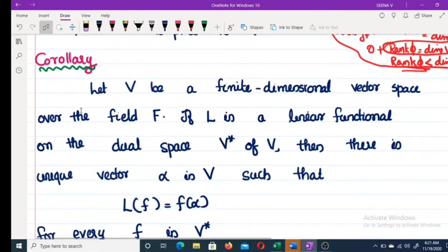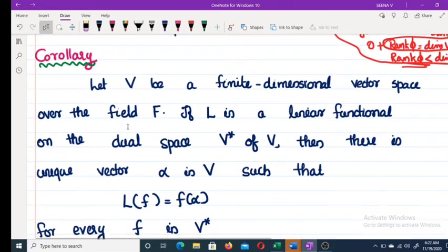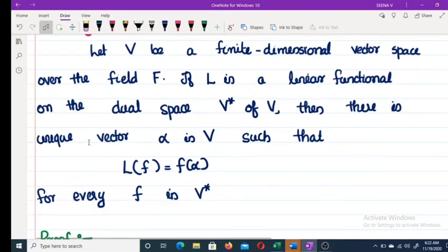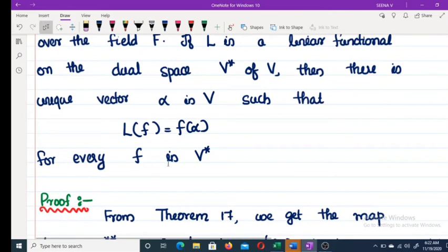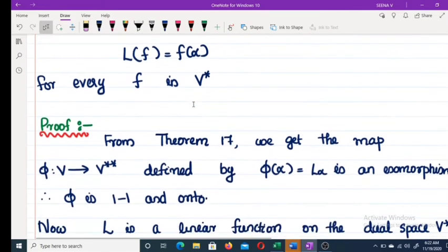Now moving to a corollary. Let V be a finite dimensional vector space over the field F. If L is a linear functional on the dual space V star, then there is a unique vector alpha in V such that L of f is equal to f of alpha for every f in V star. Okay, so it is easy.